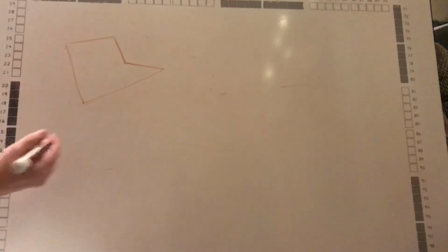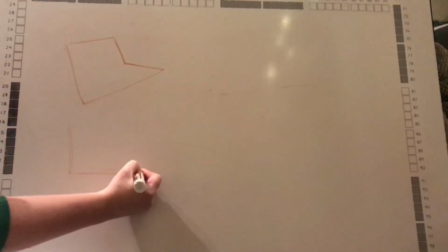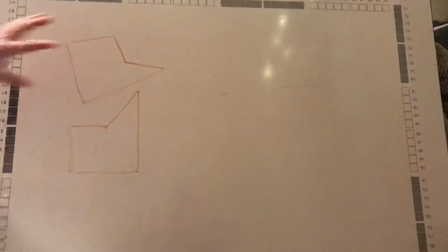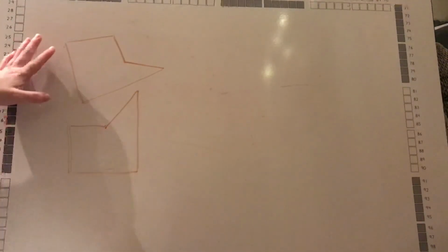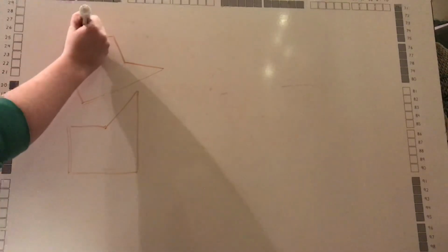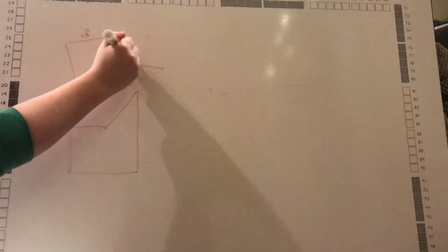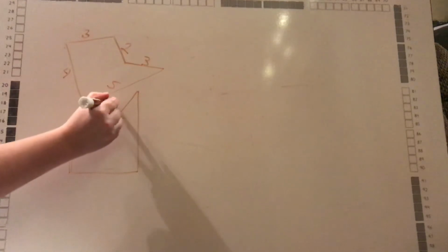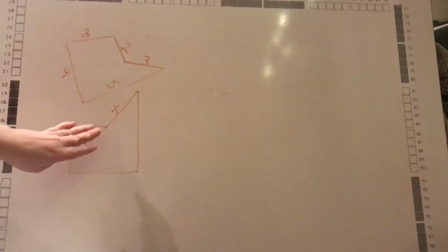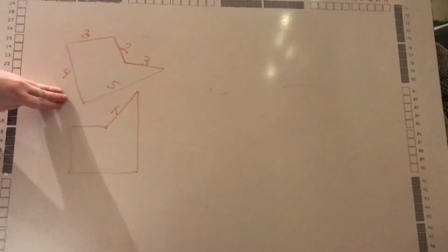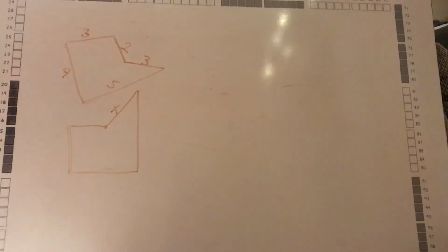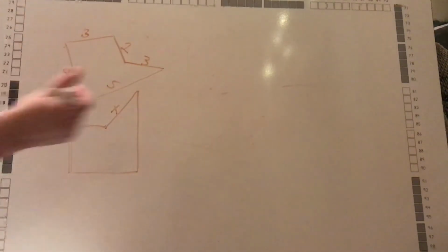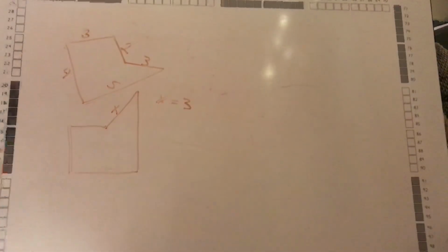And then the second one is the same shape, it's just turned. Now they give us the side measures on one of them: 3, 2, 3, 5, 4. And they want to know what is the side measure on this shape. So this polygon and this polygon are congruent. All we need to do is find the corresponding line, which is here, and that's 3. So x equals 3.